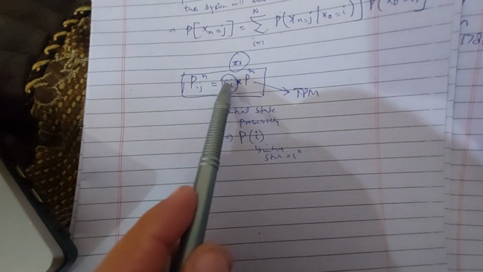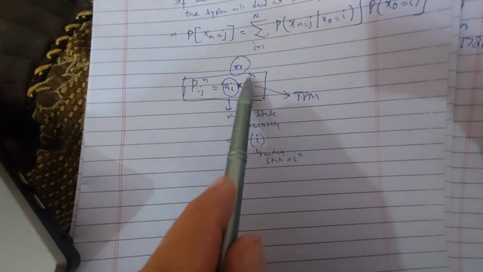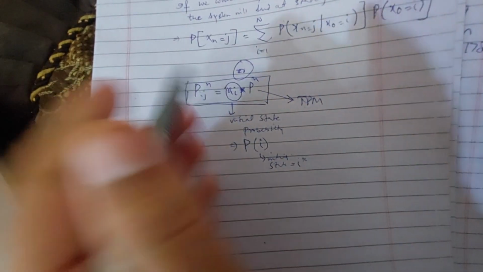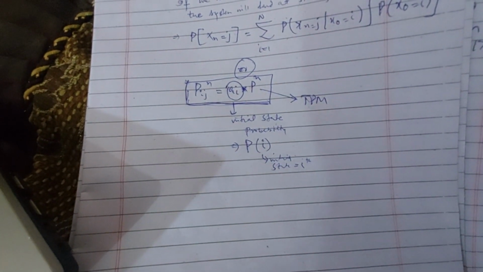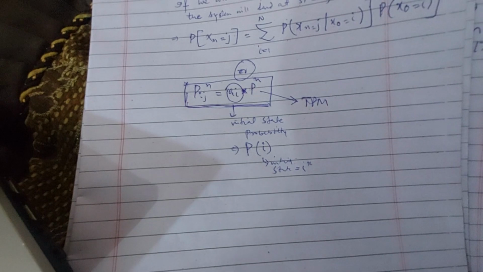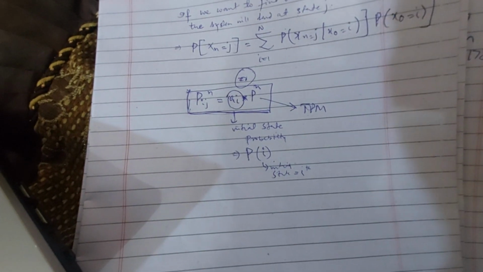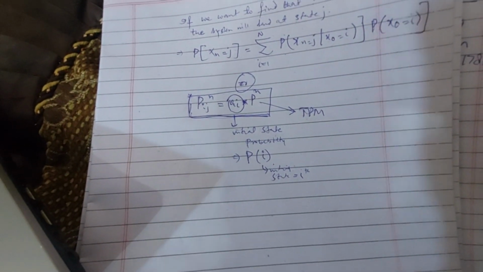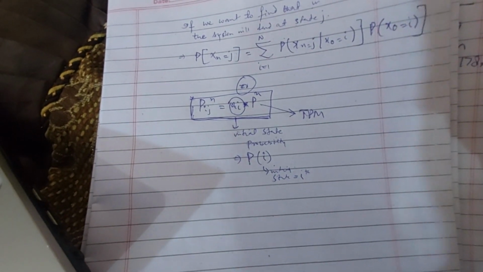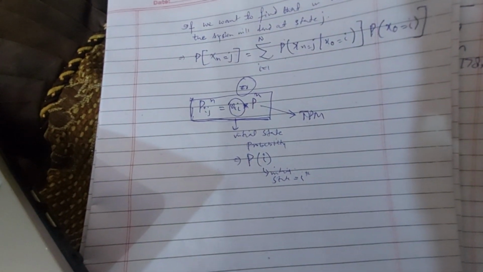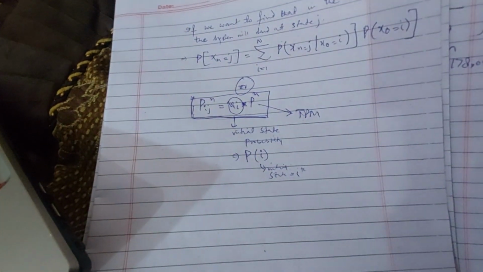So when we multiply the probability that the initial state is at state I with the nth power of the TPM, we find that in the nth transition the system will land at state J. It means that after n transitions, the state of the system will be J, such that the probability of the initial state being I is given to us, and we have the TPM of the system. I will solve some questions on this, then you will understand it.